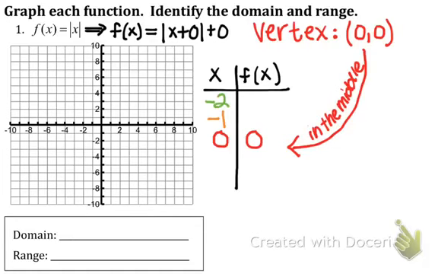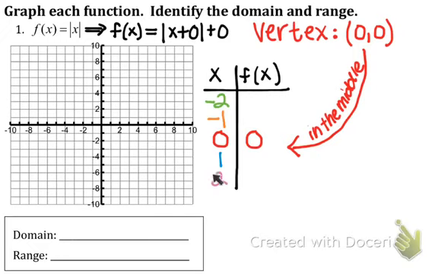So going to the left from 0 we have -1 and -2, and going to the right from 0 we have +1 and +2. So depending on what your vertex is, you pick the 2 points to its immediate left and 2 points to its immediate right. Now, in order to figure out what f of x is, or y, we are going to plug in our x coordinates.